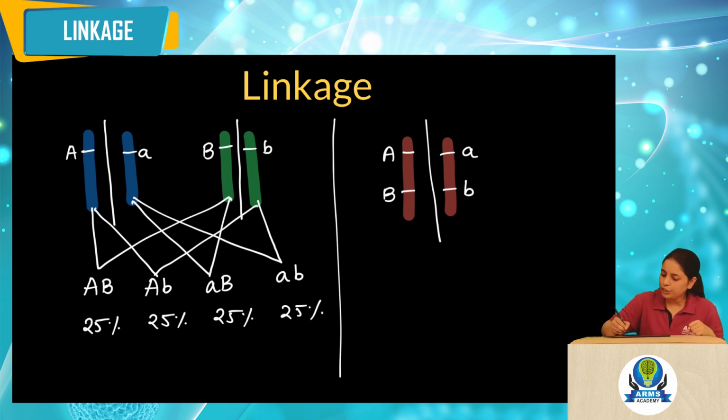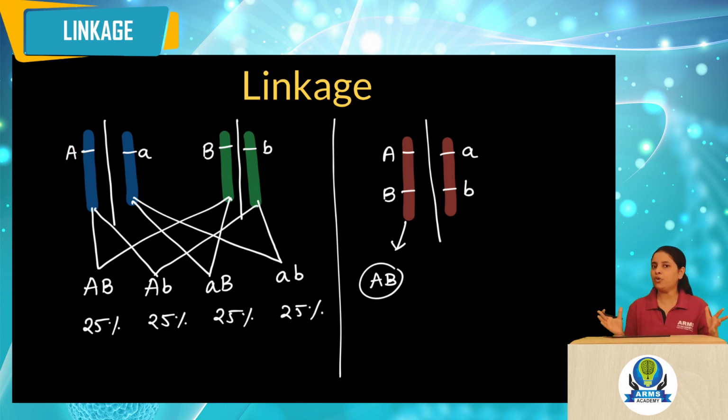Now, you will have a combination A, B. As both the genes are present on same chromosome, they have tendency to move together. In the first case, as A and B genes are present on separate chromosomes, they will be assorted independently. But as here genes A and B are present on the same chromosome, they have tendency to move together.